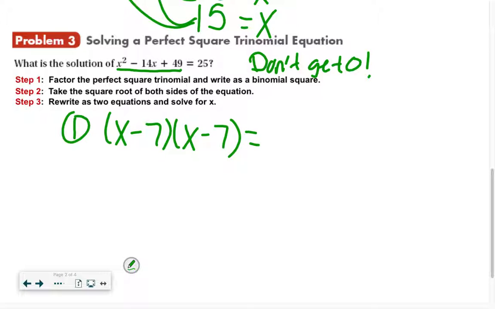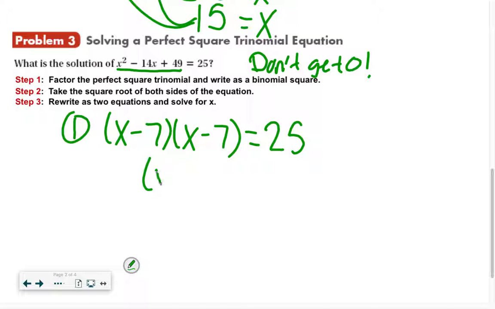Yeah, it's still equal to 25. We want to leave that 25 over there. Last chapter, I didn't make you do this. This section, I'm going to make you do this. This is the same thing repeated, right?